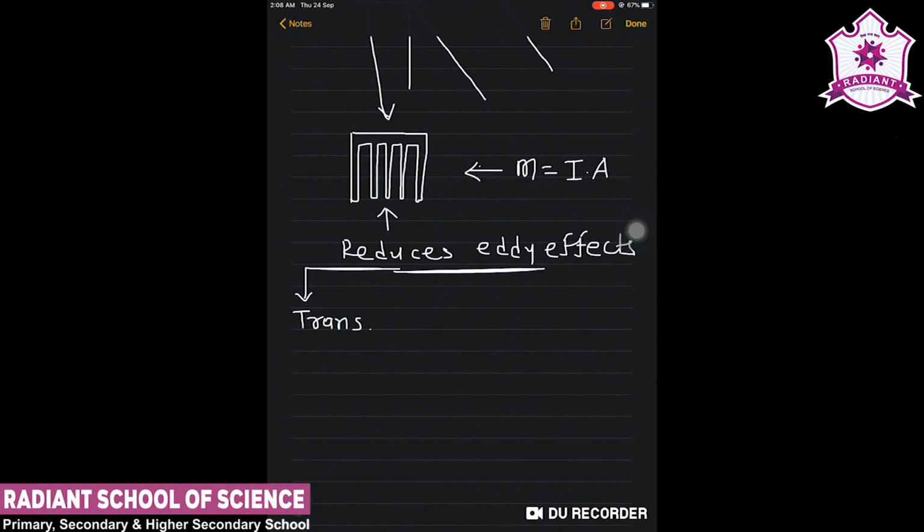Electric motors will also have eddy effects that we can reduce by making this type of slots, and obviously other devices in which a coil is to be wound over a metallic core, we can reduce the effect of eddy current.